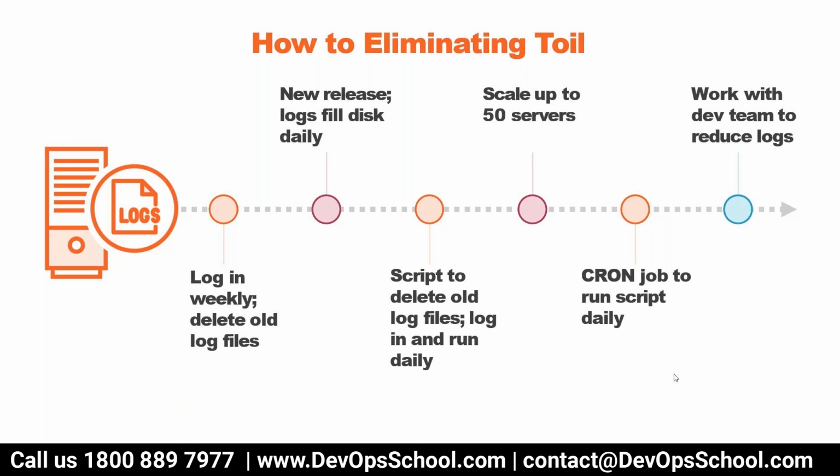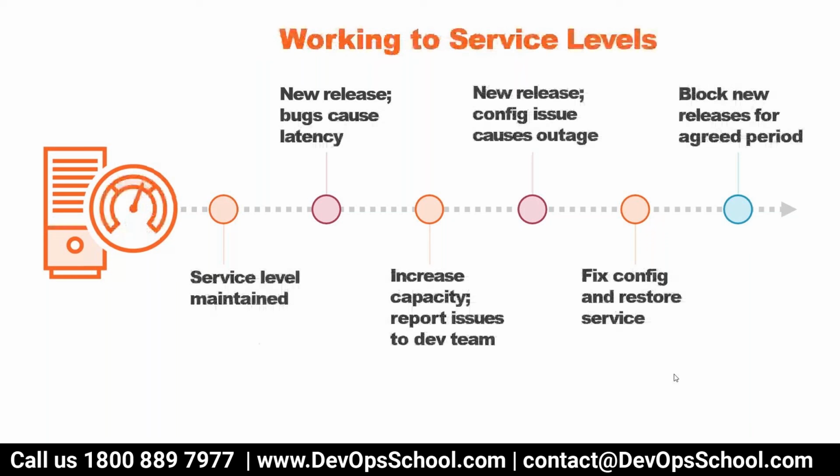So it's a very thin difference between ops and SRE. One of the more incident, working to service level. So you need to maintain the service level. New release is coming. New release means new bugs, which will compromise your latency. So what do you do in order to maintain the latency? You increase the capacity and then you report back to the dev team.